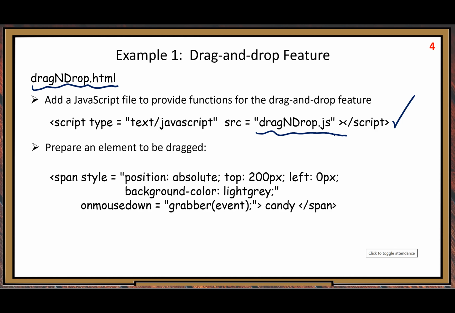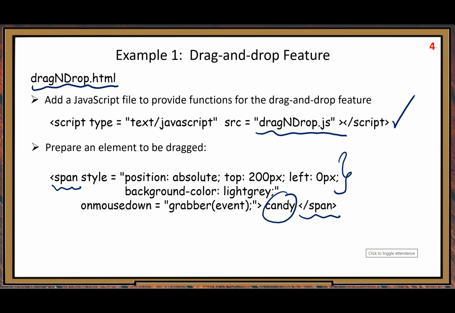Then we need to prepare web components, GUI components, to do drag and drop. Here I show you one of the elements. It is an HTML span element. The content is this word candy. We make a span element around the content candy, so you see a word, but we put some style.